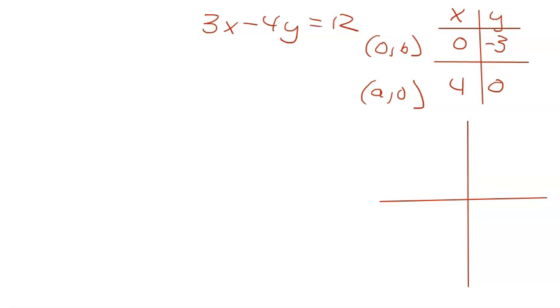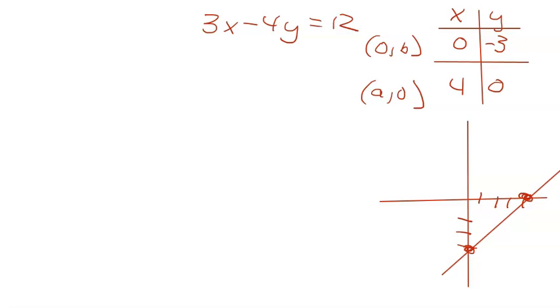And you can sketch this as well. 0, negative 3. So 1, 2, 3, a point there. And then 4, 0. 1, 2, 3, 4. Point there, and then there is the graph. And you have found the intercepts using an X and Y intercept t-chart, and you've made the graph. And this is the formal way of writing the intercepts.